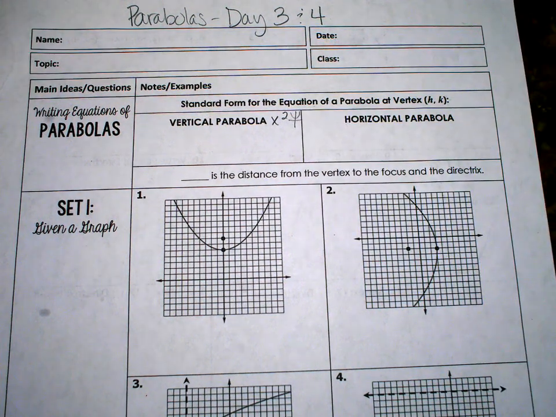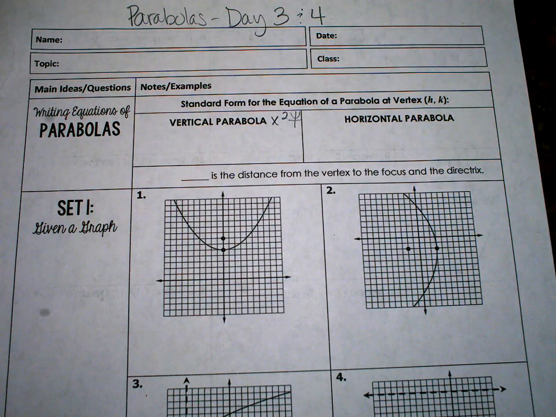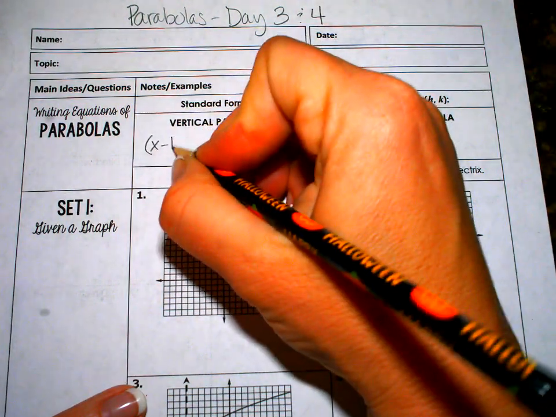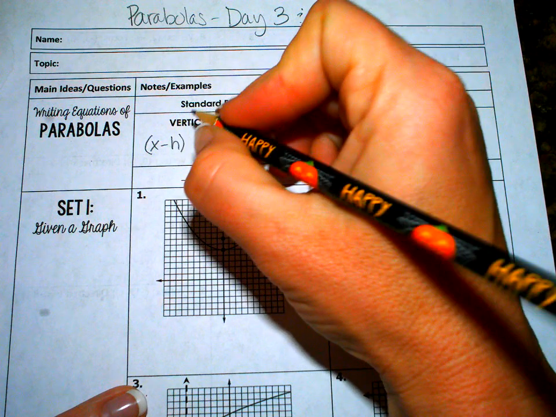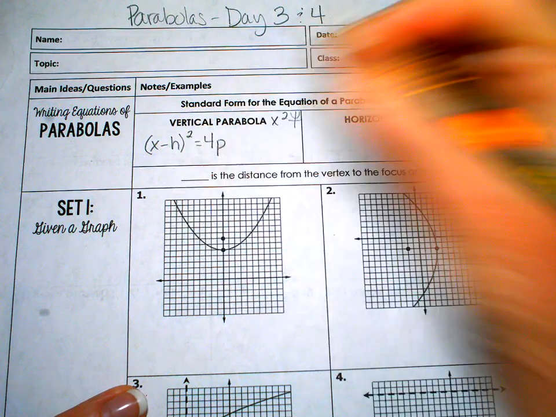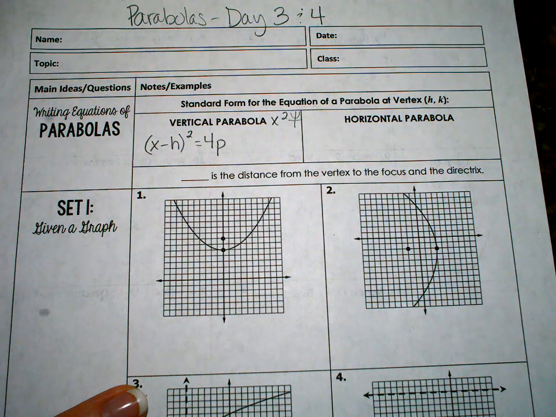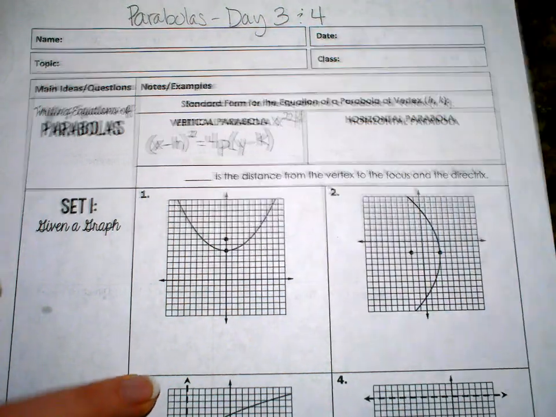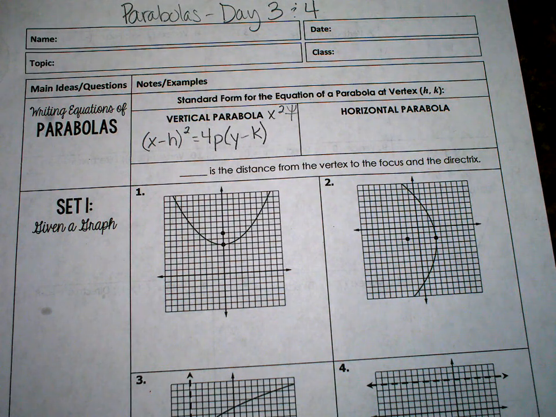So the equation: (x minus h)^2 equals 4p(y minus k). Here (h, k) is my vertex, and p is the distance from the vertex to the focus, and also the distance from the vertex to the directrix. This is for my vertical parabola.